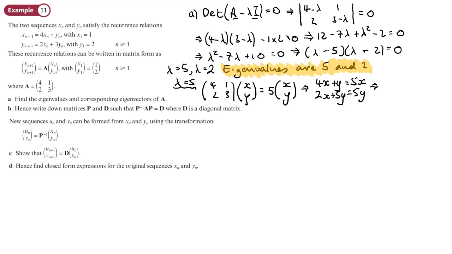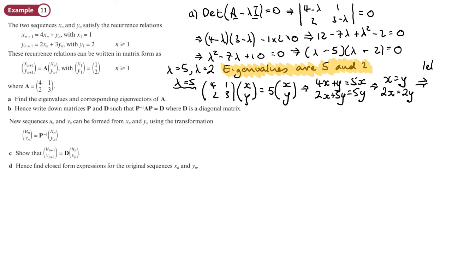Now let's see what equation or equations this gives us. So the top one will reduce to x equals y if we take 4x away from both sides, and the bottom one will reduce to 2x equals 2y if we take away 3y from both sides. They're both telling us the same thing, that x equals y.